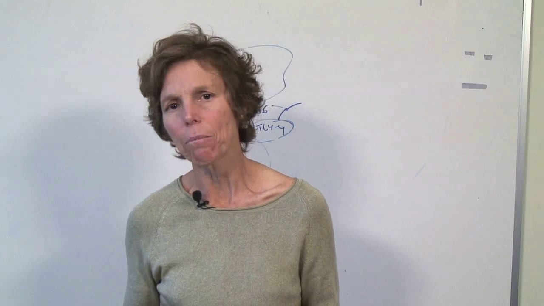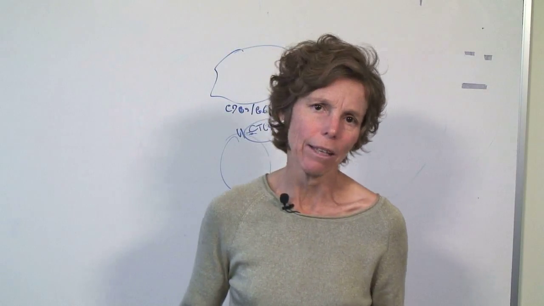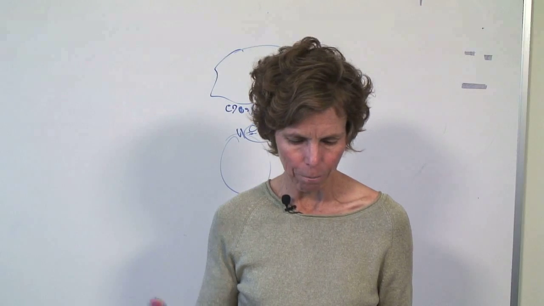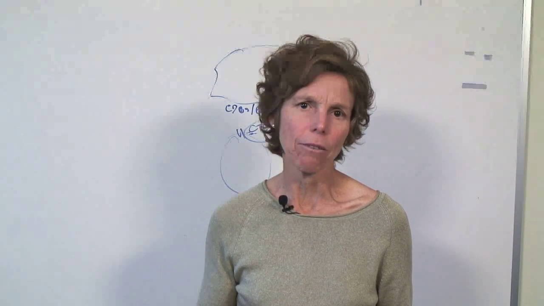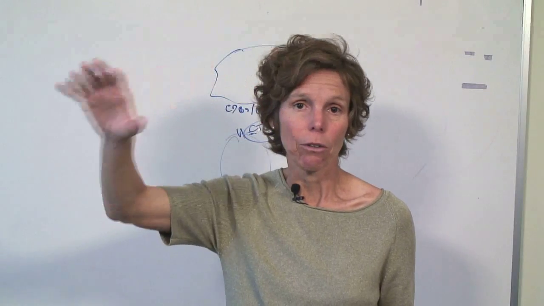If they don't say anything about an antibody, then you still have that active infection right now. So that's what we know. They have active hepatitis B. If you have an anti-hepatitis A antibody, and they don't say anything about anything else, it's just you have an antibody, then okay, you have immunity to that particular pathogen.